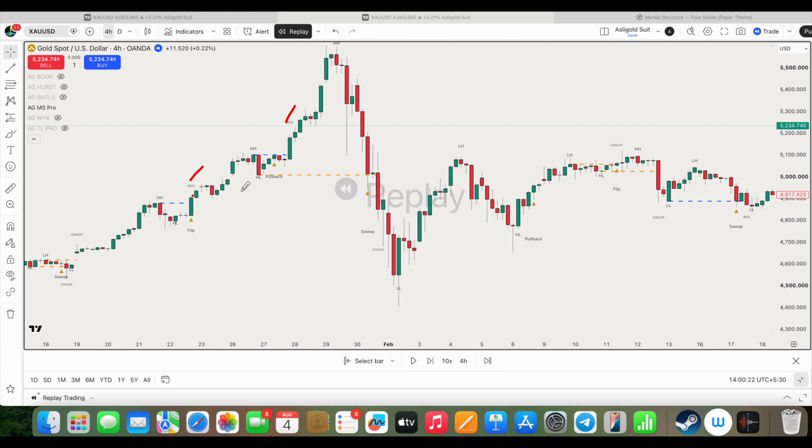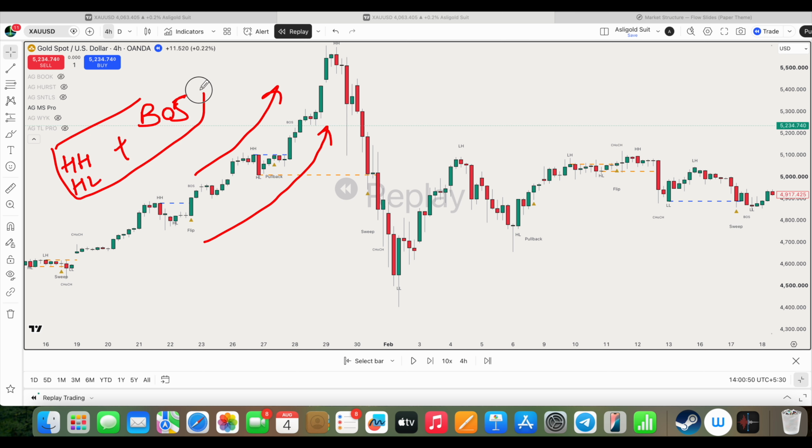Every one is a BOS, and each one is telling you the same thing: the trend is still strong. So remember, a BOS in the direction of the trend means the trend is continuing. It is not a reversal, and it is not an entry by itself. It just tells you what is already happening is still happening.